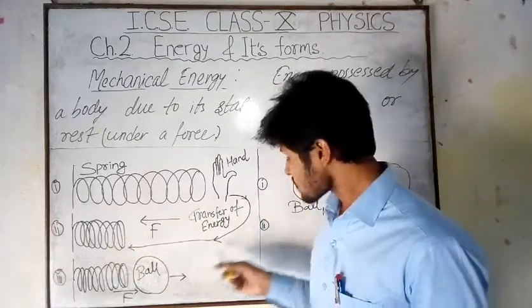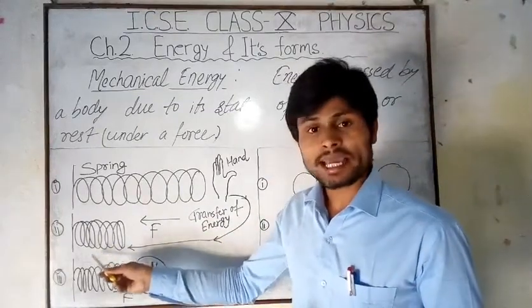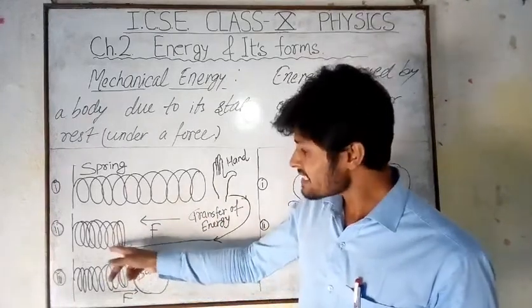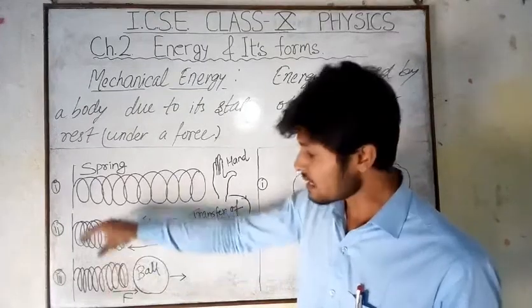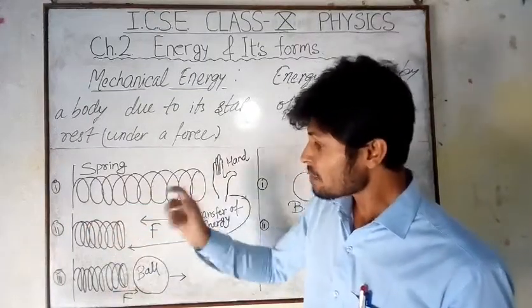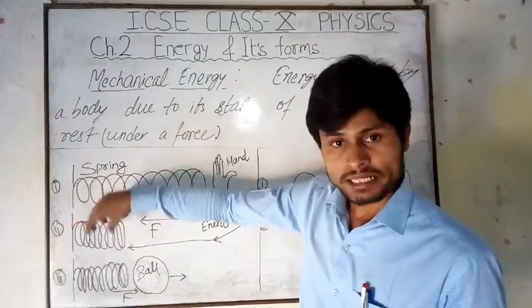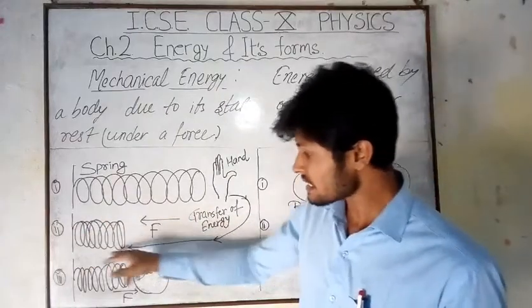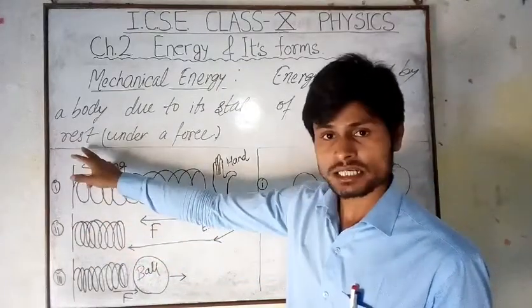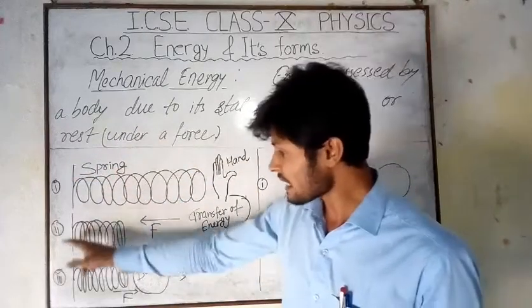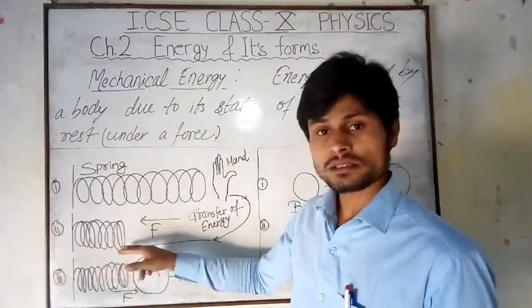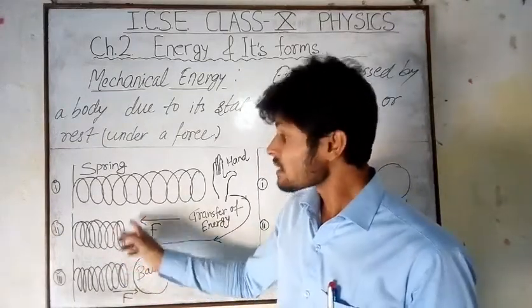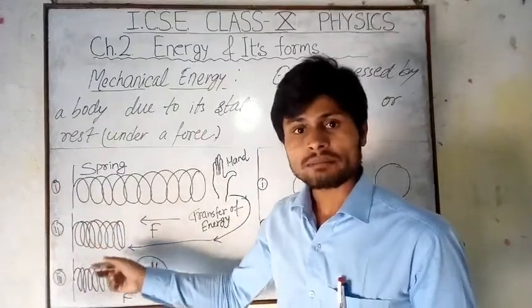As there is a transfer of energy, the spring gains some energy, and this gained energy is stored in the spring as long as it is retained in its rest position under a force. If we release the force, then this stored energy can be utilized.